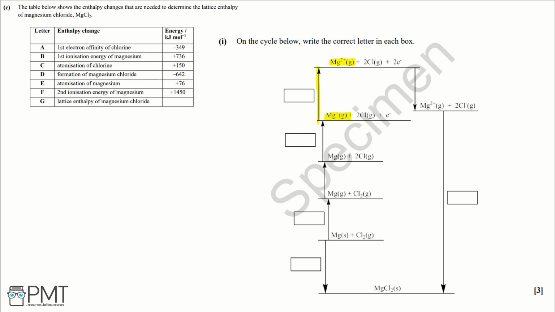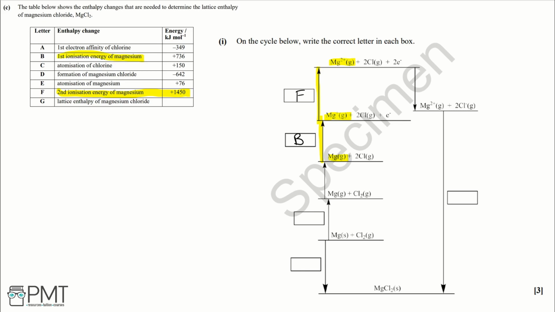This is called the second ionization energy of magnesium, so we can label this F. Then we can look at the next arrow below, and what's happening is Mg gas is going to Mg+ gas, which is the first ionization energy of magnesium, and so we can label this B.